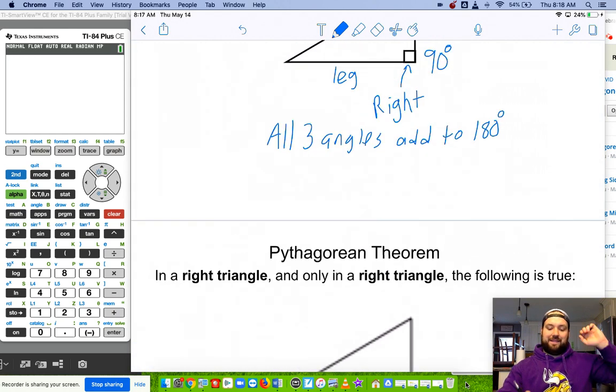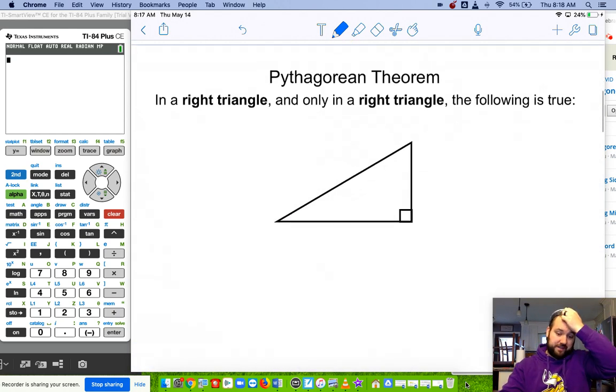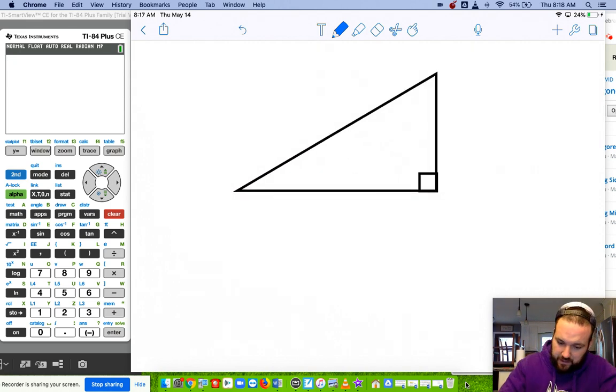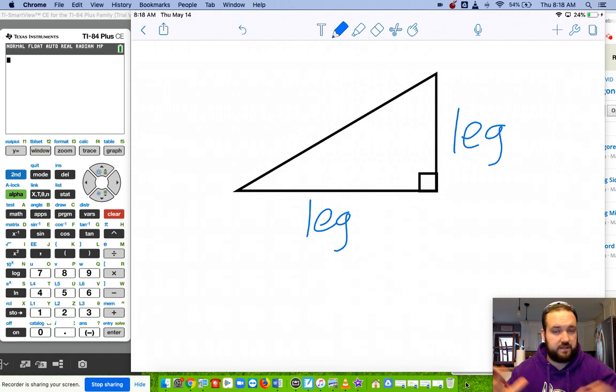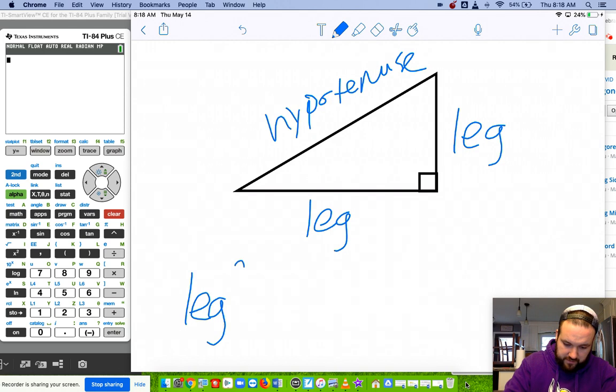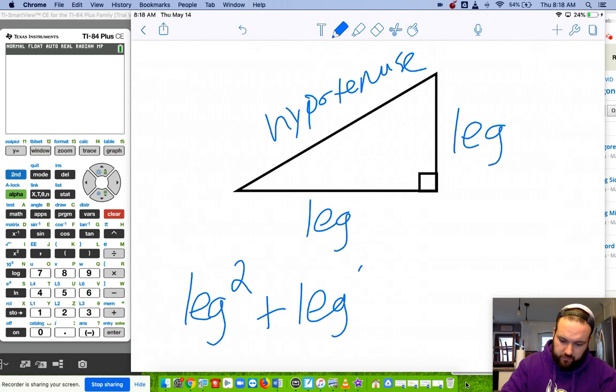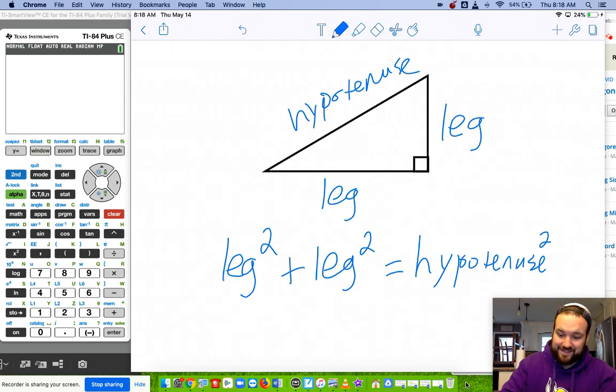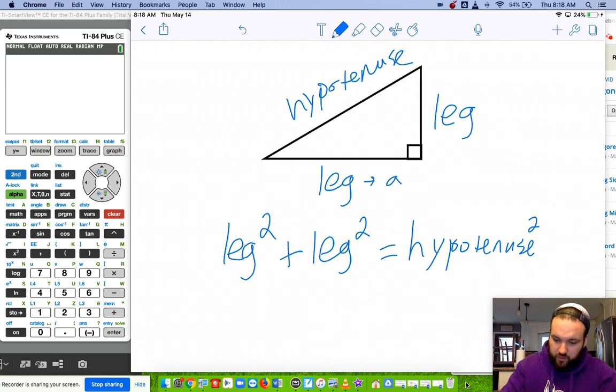That relationship basically says that if you take the two legs, however long they are, whatever random numbers, and the hypotenuse, the first leg squared, so if you take that length squared, plus the other leg squared, has to equal the hypotenuse squared.